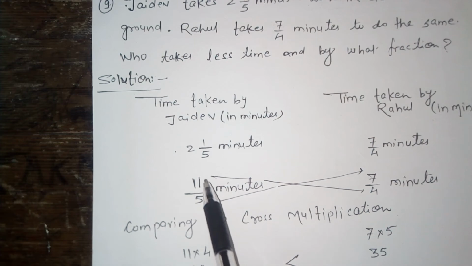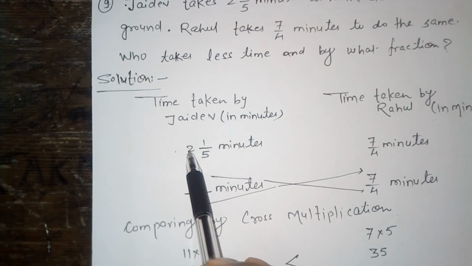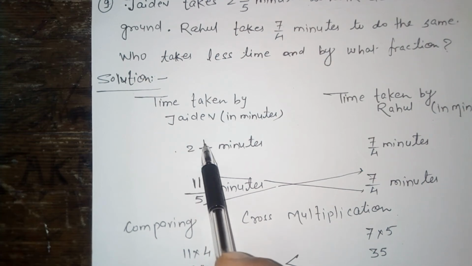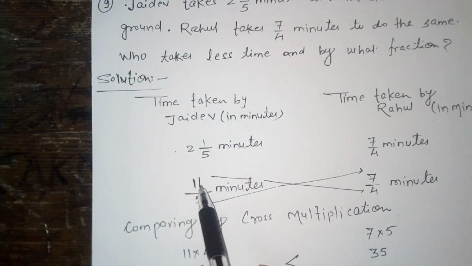How? Look here, we will multiply 2 into 5. 2 5s are 10, plus 1, 11 upon 5. So 11 upon 5 is the improper fraction of 2 and 1 upon 5.